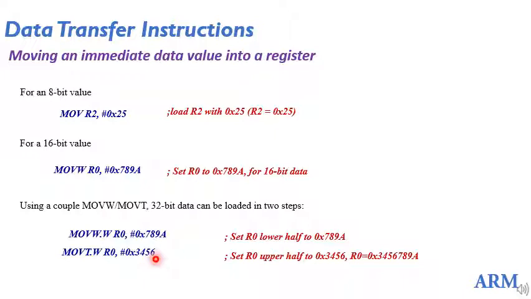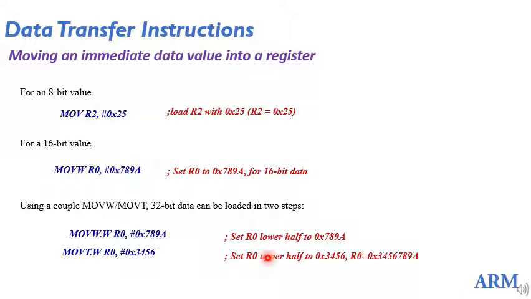So move top always moves whatever you have specified into the upper half word of the register. That is, it will copy the data into bit numbers 16 to 31 of whichever destination register you have specified. So MOVT.W R0, #0x3456 will set R0 upper half to 3456.